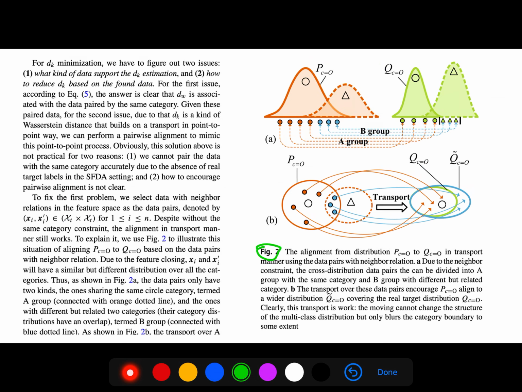So in this figure, you see the alignment from distribution P to Q. You see the transport, you see the alignment, using data pairs with neighbor relation. For example, in A here, you see that due to the neighbor constraint, the cross-distribution data pairs can be divided into A group, with the same category, and B group, with different but related category.